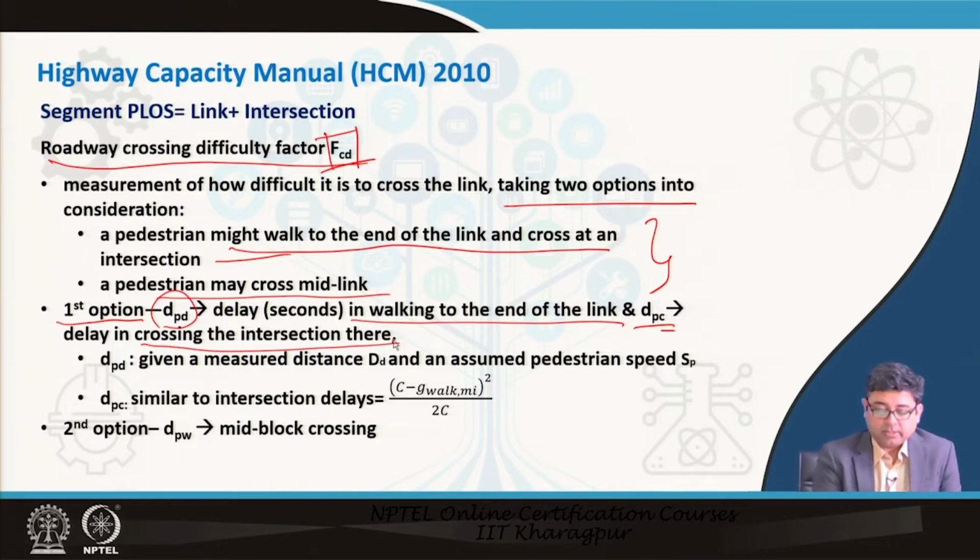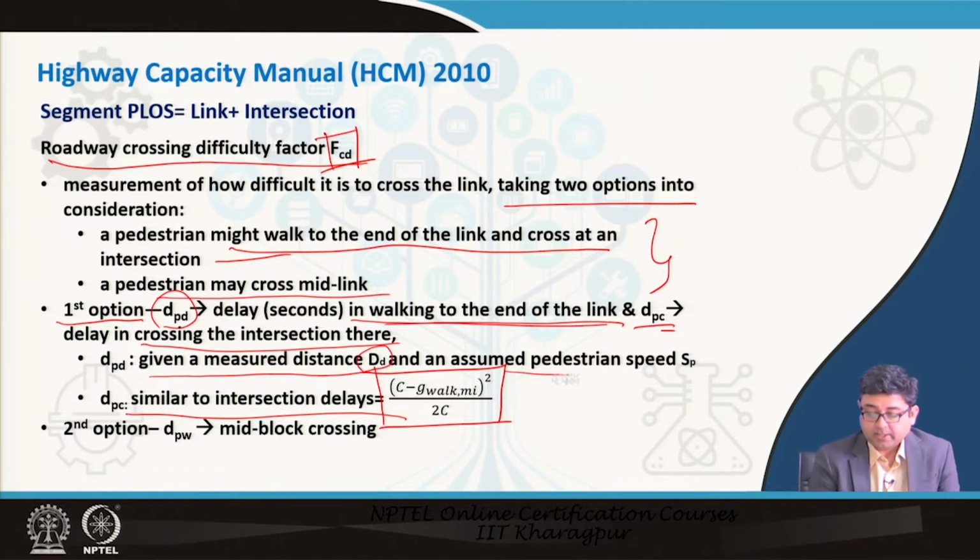The delay in crossing the intersection you already know is given by this formula, whereas the delay in walking to the end of the link uses a measured distance d and an assumed pedestrian speed SP. You assume that a stream of pedestrians is walking at this speed for that distance along the segment, and then determine their delay in walking.